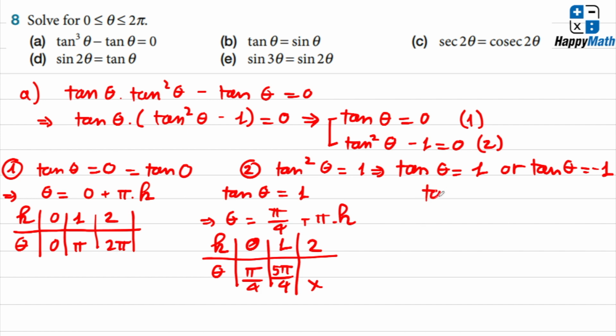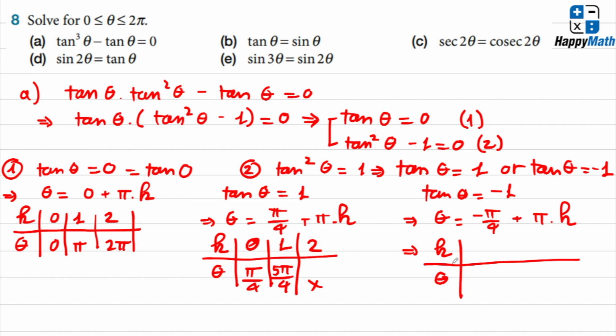The second, tan theta equal to minus 1. This means theta equals minus pi over 4 plus pi times k. Then we cannot take k equal to 0, because when k equals 0 the value of theta will be negative, so we cannot take this result. For k equal to 1, yes, 3 pi over 4.